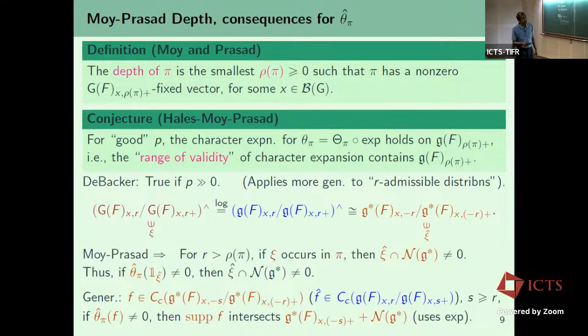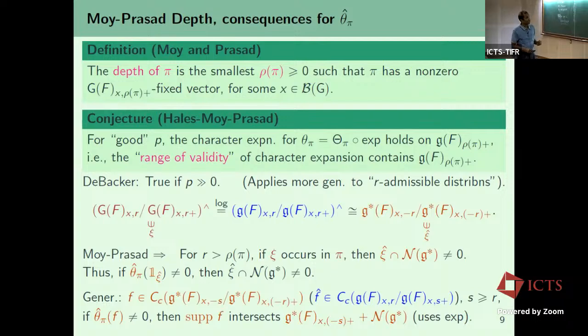Namely, you can use this to study not just functions on the coset R modulo R plus, but also R modulo S plus with some S greater than or equal to R, so that you can study all functions which are supported in G of f x comma R for any x. So in other words, you can study functions in G of f R itself. That's the first comment. Second comment is that this statement is also saying that the Fourier transform of the Lie algebra distribution is kind of supported near the nilpotent set.